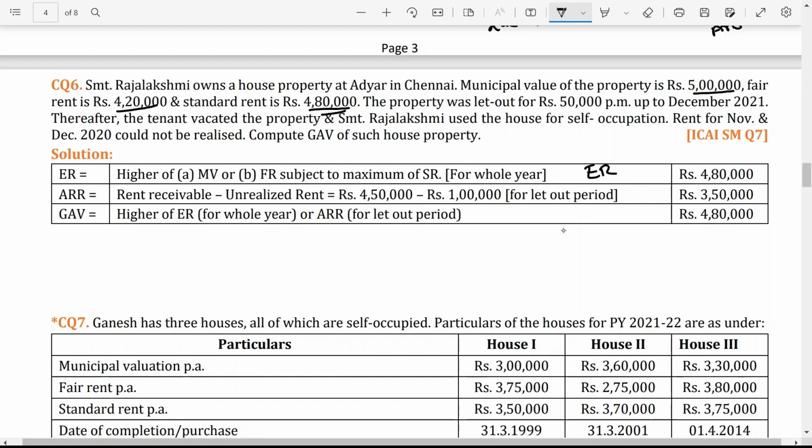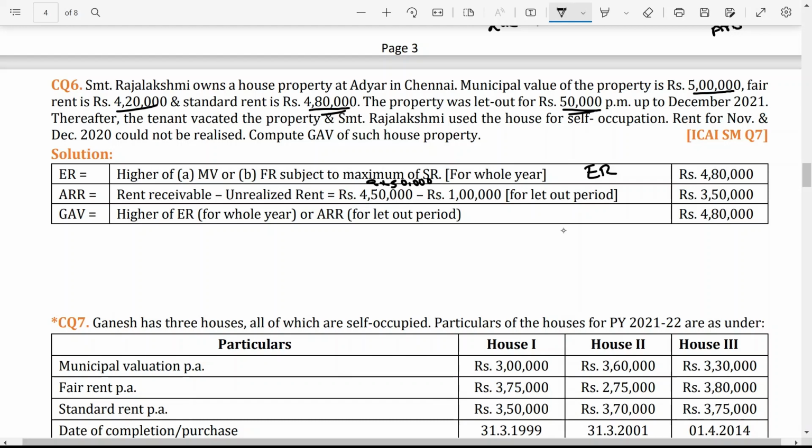Now the property was let out for 50,000 per month up to December, means April to December, 9 months. So 9 into 50,000, you will get 4 lakh 50,000. Now the tenant has vacated the property and Srimati Rajalakshmi used the house for self-occupation. Means now the property is self-occupied.